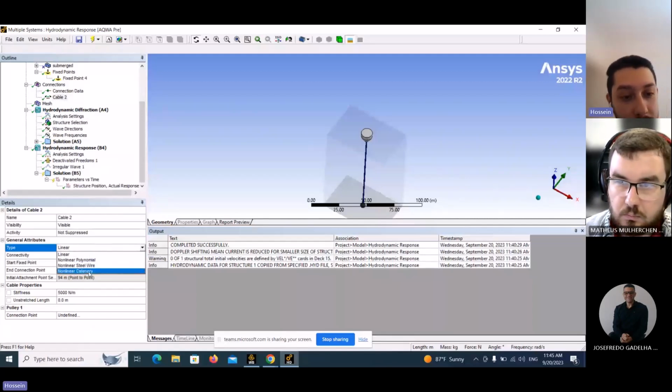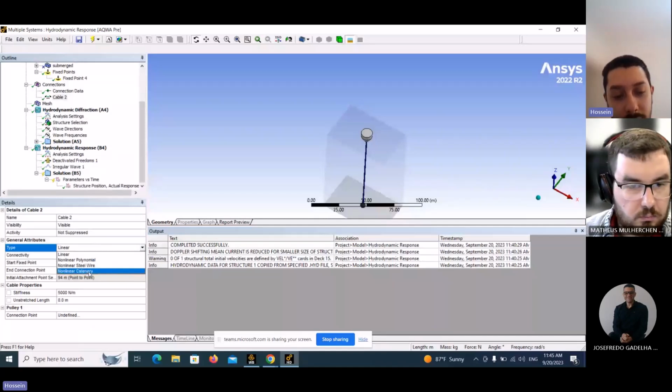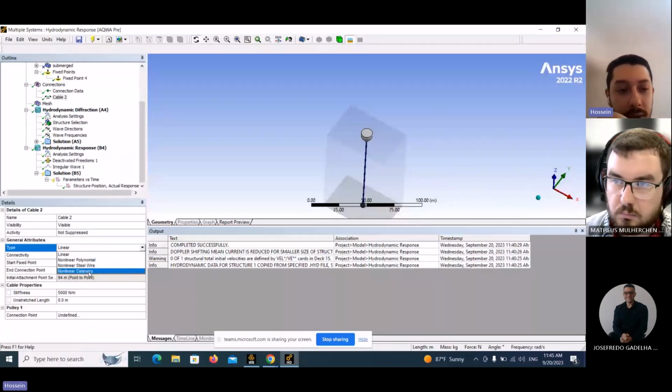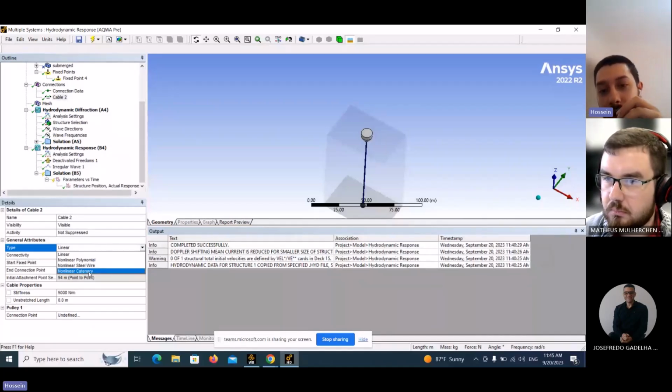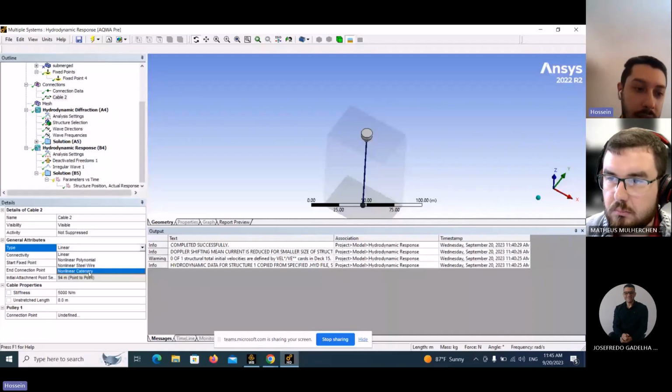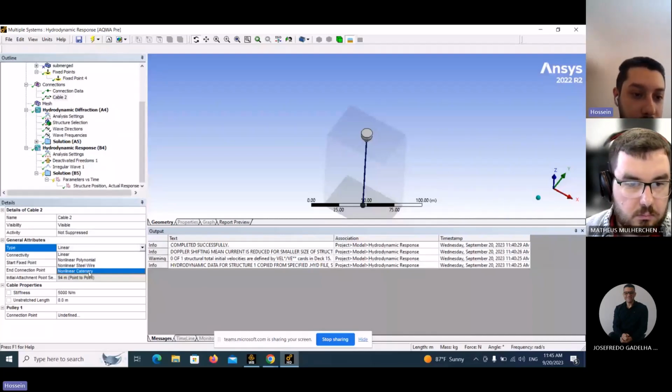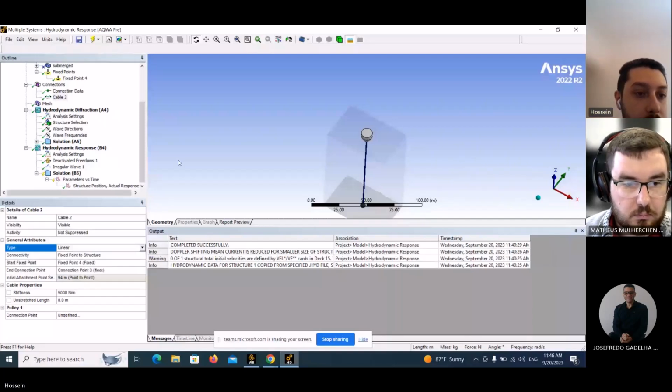The nonlinear catenary type of cables is the cables with different stiffnesses. For example, you can have a cable with 10 sections and with 10 different stiffnesses. It can be done, and just on the time domain solution, you can solve your model.